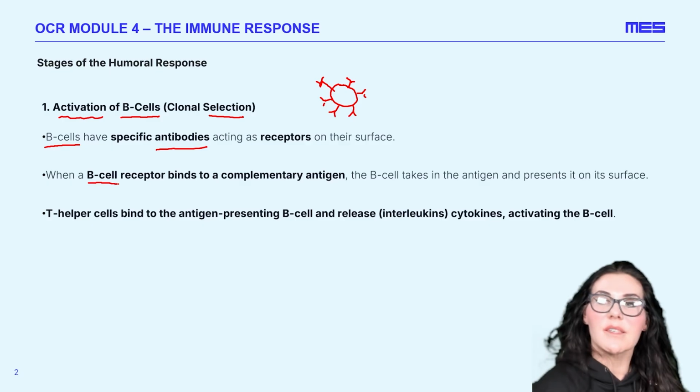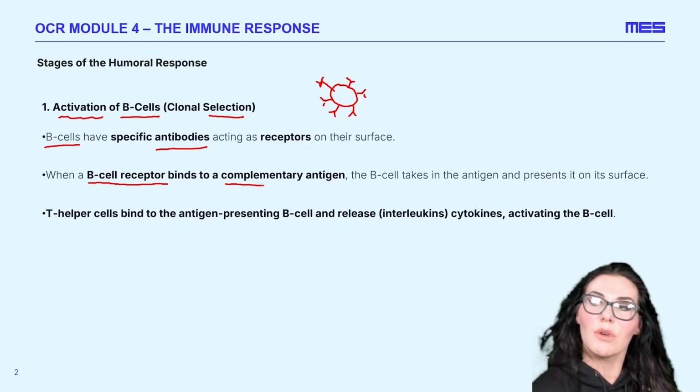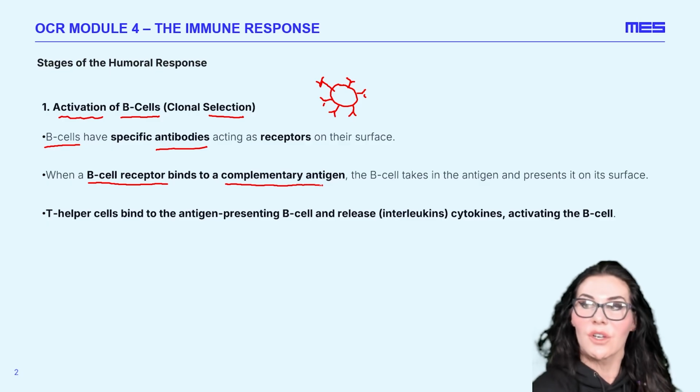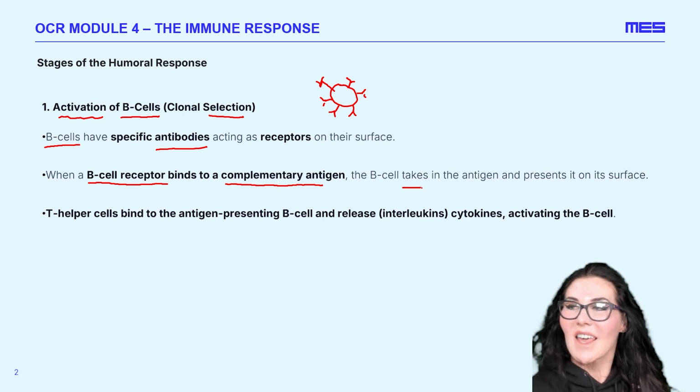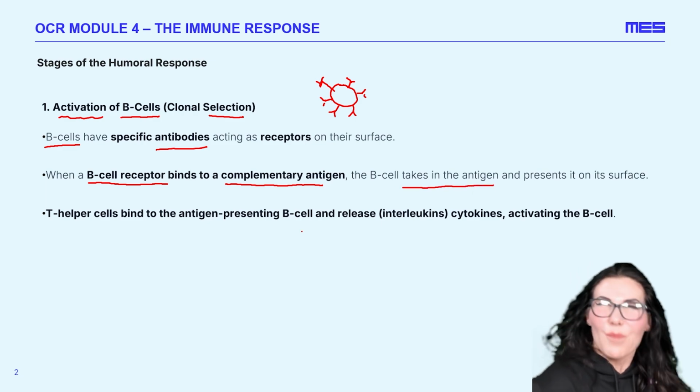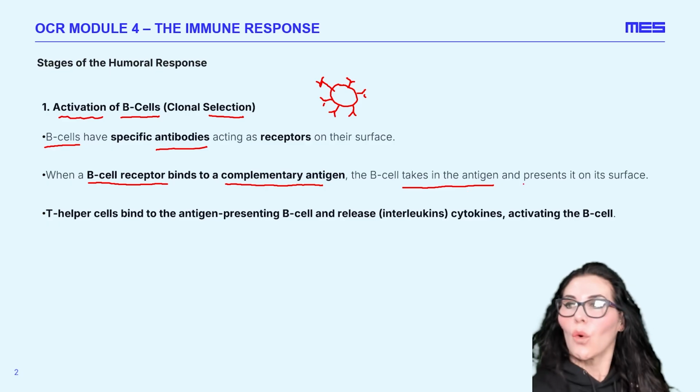When the B cell receptor, that's the antibodies on its surface, binds to a complementary antigen, the B cell also weirdly takes in the antigen, kind of processes it, and also presents it on its surface.